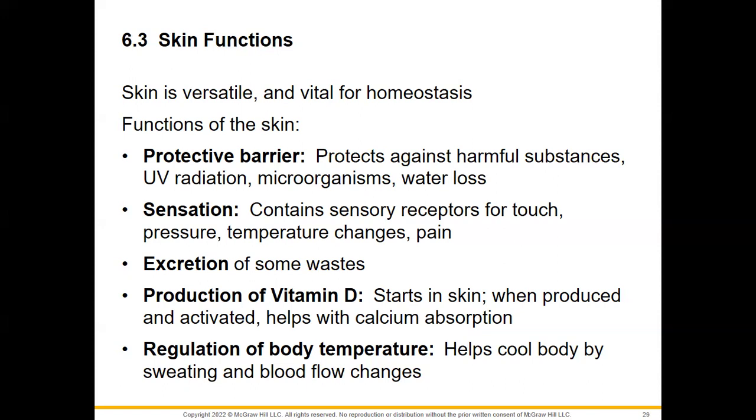So you decrease blood flow to the surface, increasing the blood flow to the internal organs to help keep them warm, as opposed to releasing heat with the environment. So regulation of body temperature can be if a person is cold or hot, the blood vessels on the surface of the skin will either constrict, get tighter, or dilate, get wider in order to affect how much heat is being released by the body.